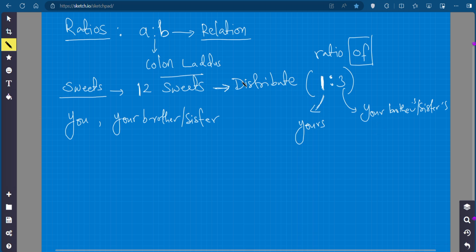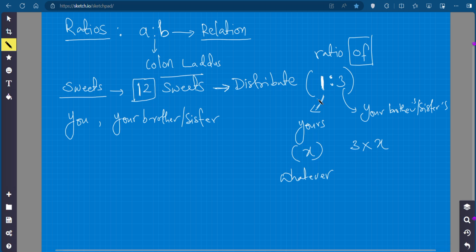Whatever number of laddus you take, just make sure that your brother or sister gets 3 times of what you get. So just divide accordingly.